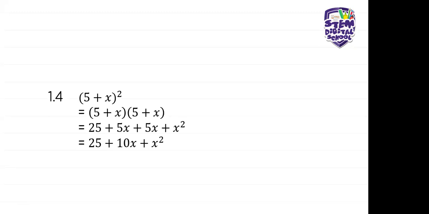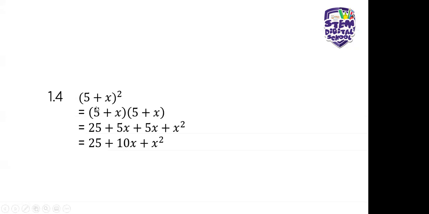So you take 5 of the first bracket, you multiply it by 5 in the second bracket. And thereafter, you take the same 5 again in the first bracket, you multiply it by x in the second bracket. And this will give you 5x.